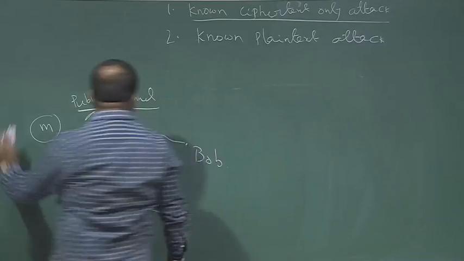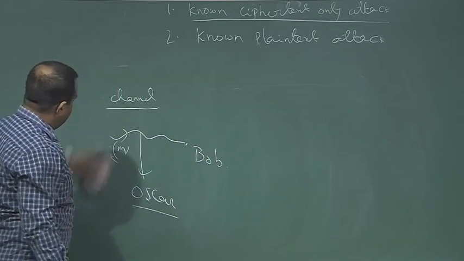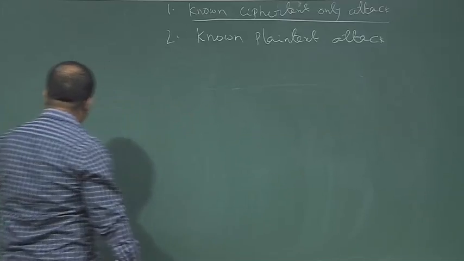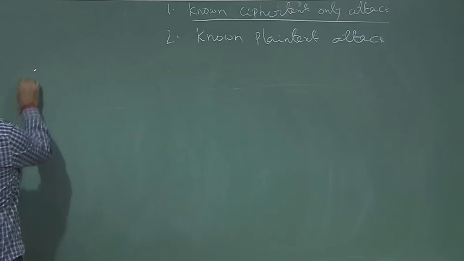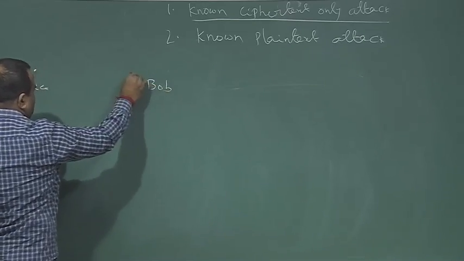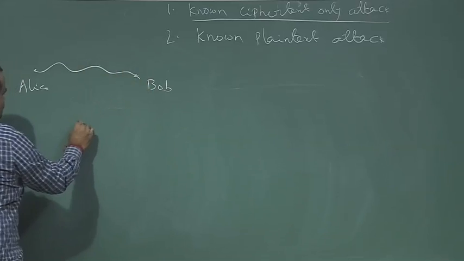So, in this attack model, Oscar knows some pairs of plain text and ciphertext. Alice and Bob are communicating over this public channel and Oscar is sitting here.